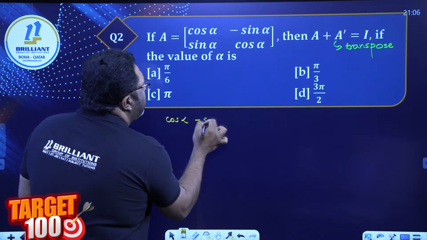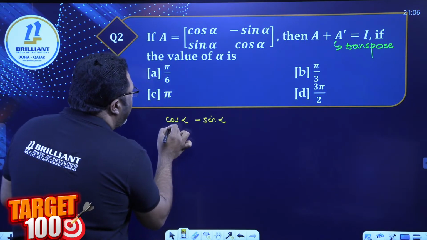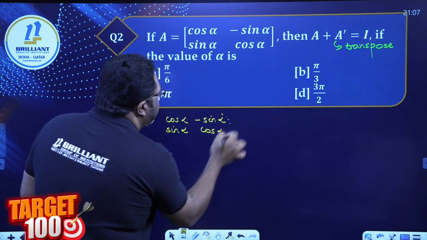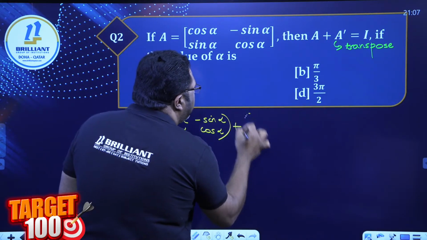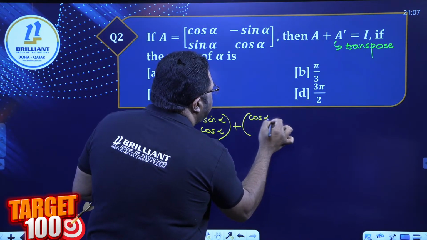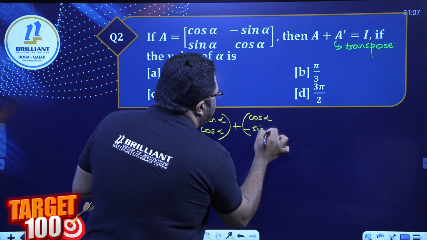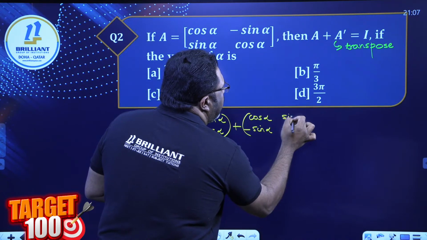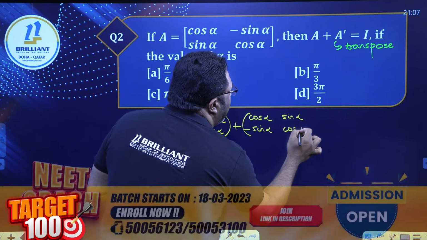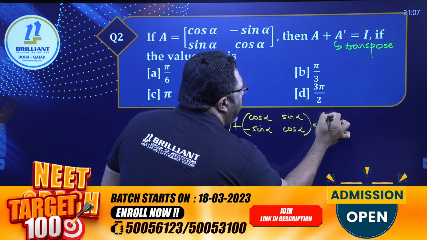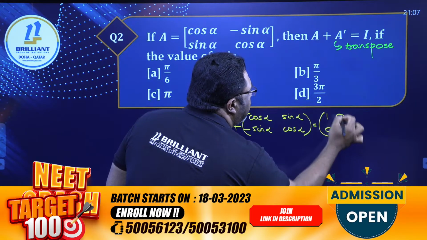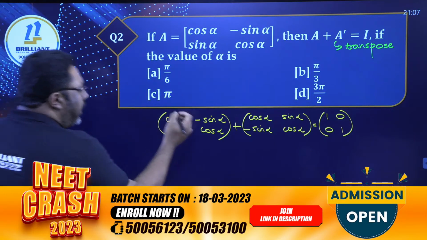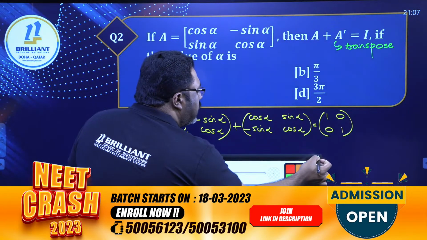A, with cos alpha and minus sin alpha, is added to A dash, which is the transpose, with cos alpha and minus sin alpha, and this is equal to I, the identity matrix 1 0 0 1.